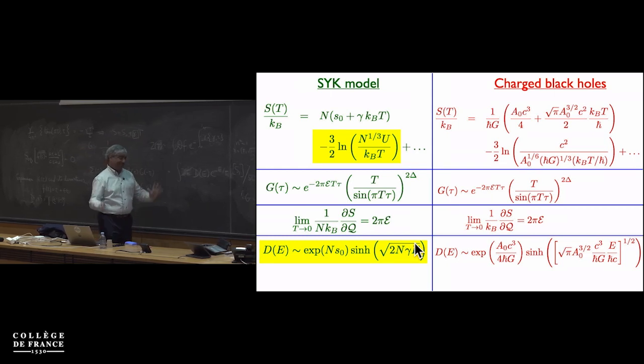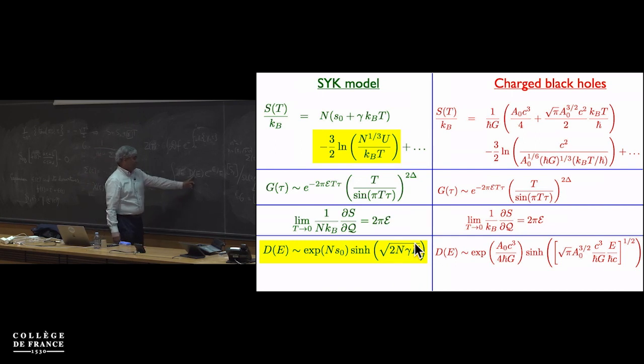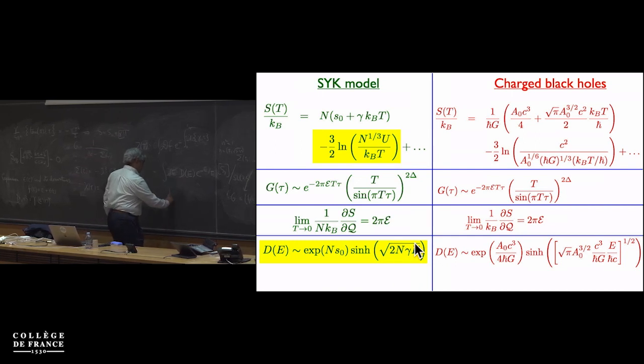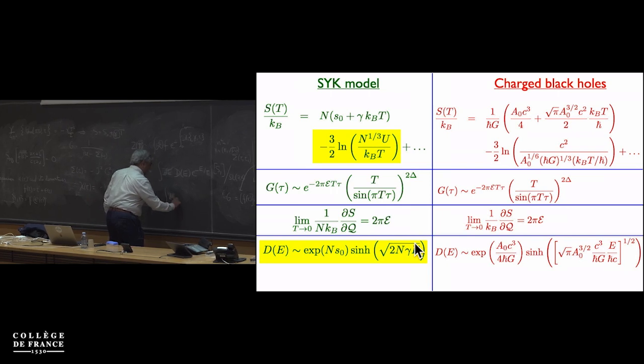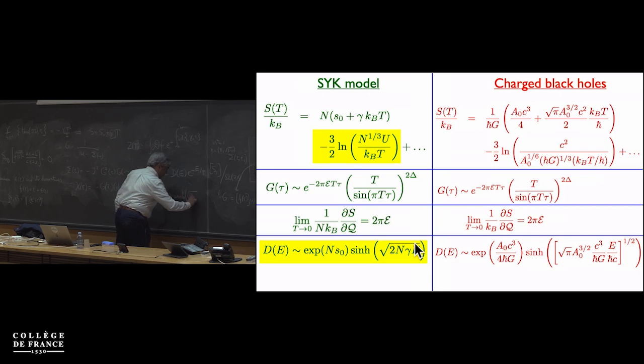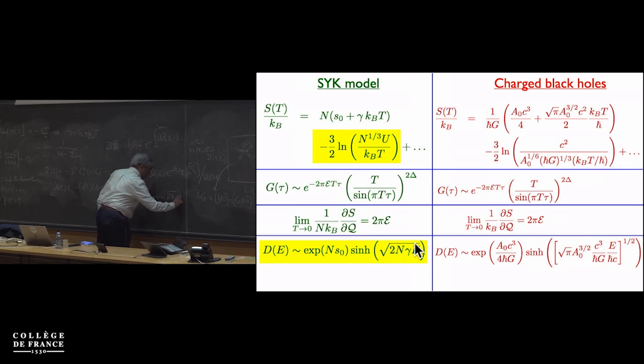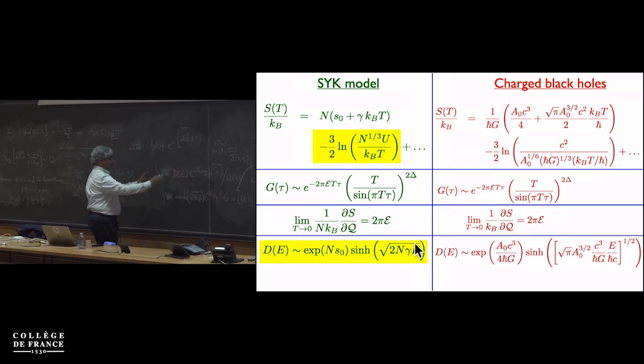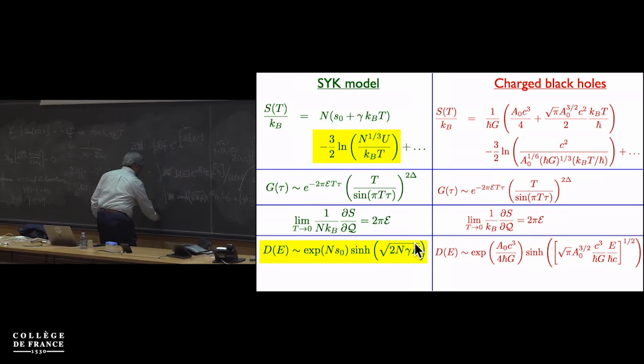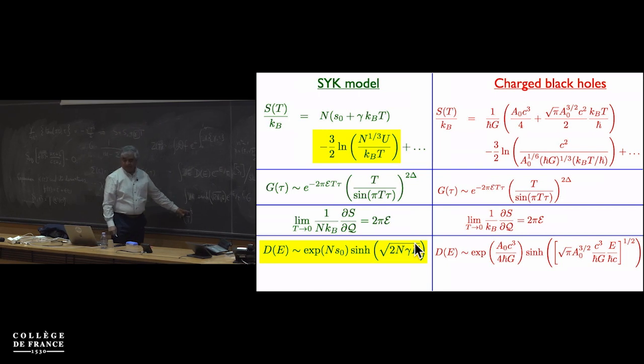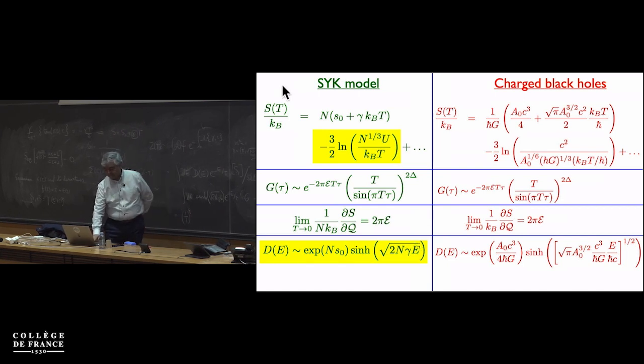In fact, the way to do this is to put in here the integral dE of sinh of square root of 2 pi gamma E, e to the minus E over T. Mathematica can do that integral, and it turns out to be 1 over temperature to the power 3/2, and that 3/2 is what you get from here.